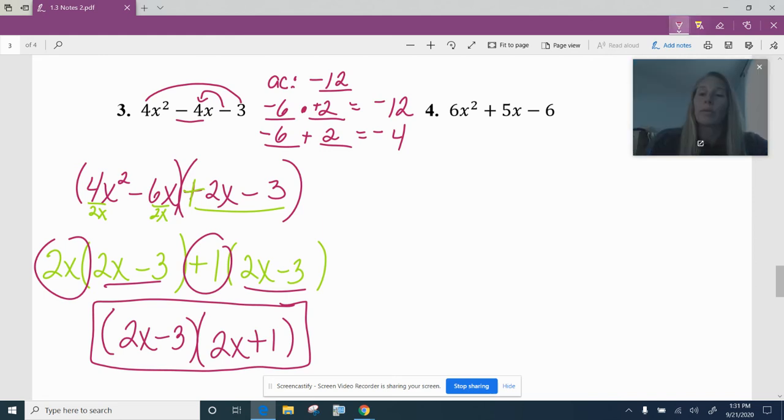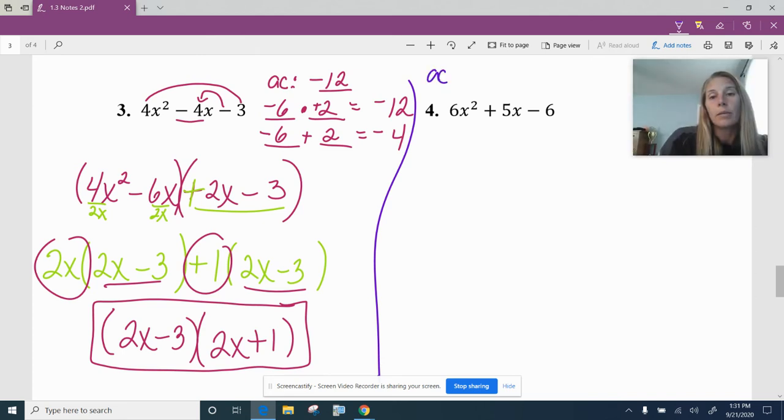Okay, so let's do number 4. So number 4, we have the AC number is going to be 6 times negative 6, which is negative 36. So we need the two numbers that multiply to get negative 36 and subtract to get 5.